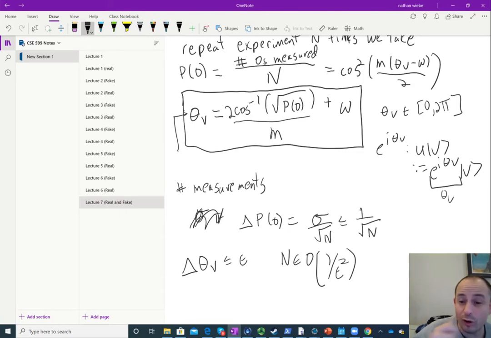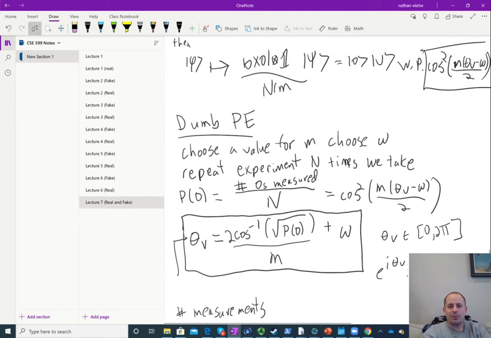So to give you an idea, roughly speaking, if we want to have an error in our estimate that is 10 to the minus 3, then we're going to need to repeat our experiment approximately 10 to the 6 times. All right, and that's a lot for a relatively large uncertainty. And so all of the rest of the art in this field boils down to reducing the number of measurements and/or the values of m, which are the number of times that we end up applying the unitary.